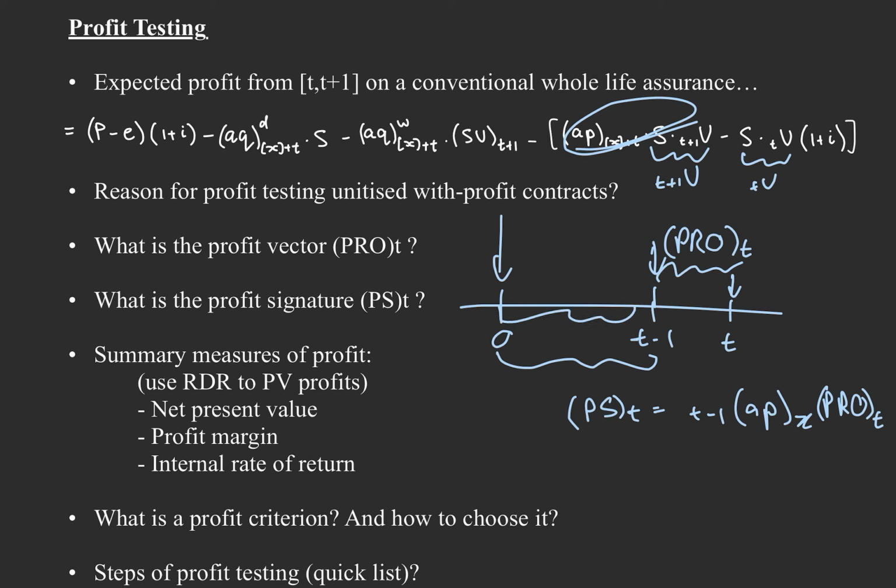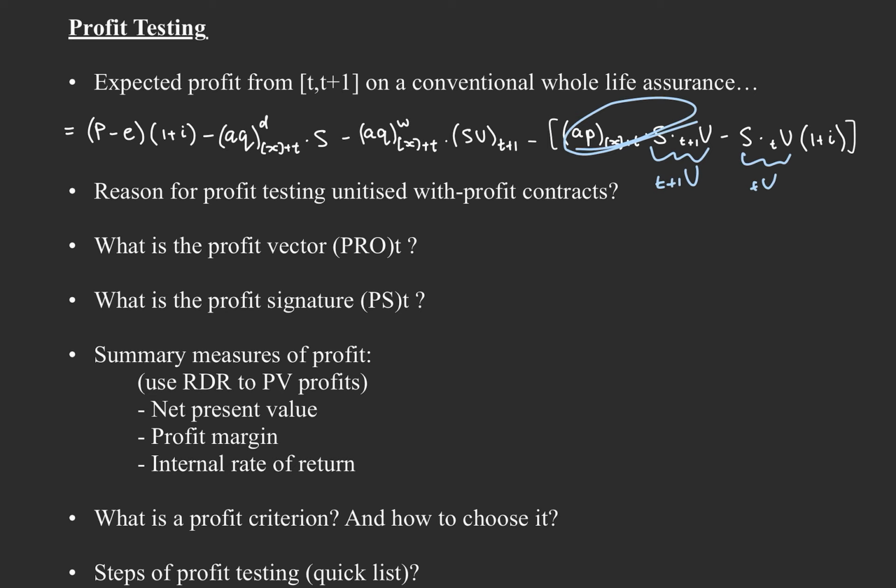That's the only difference between the profit signature and profit vector. So it's still in terms of time value of money sitting at time t, but in terms of the number of policies in force and expected profits, it's at time 0. Okay, so let me erase this.